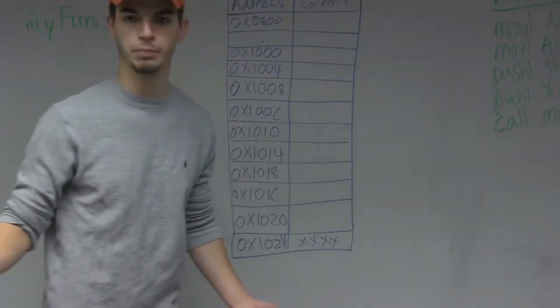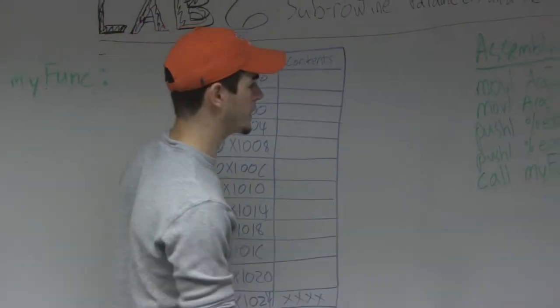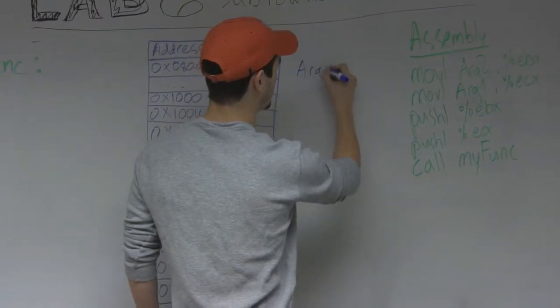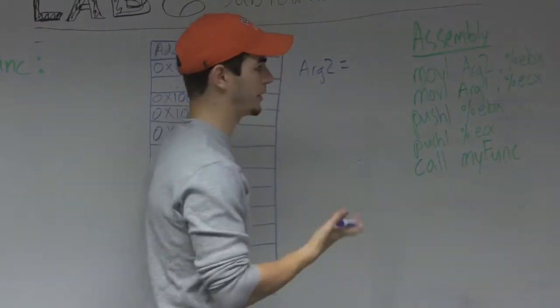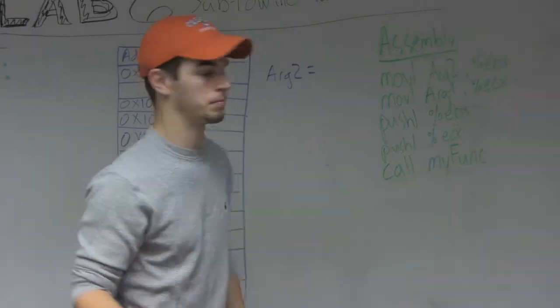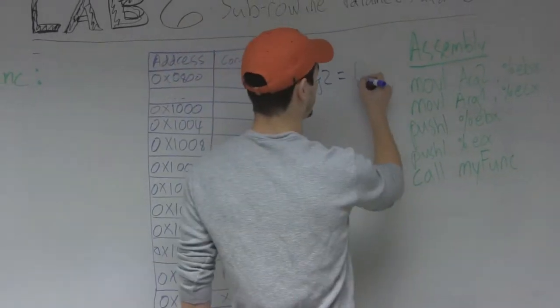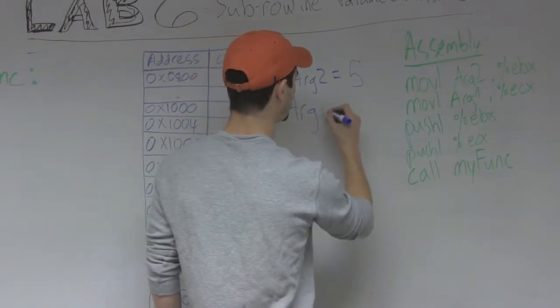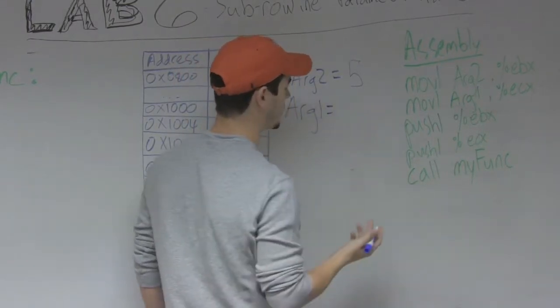And for the purpose of this example, let's say there's a value of 5 in R2, and R1, maybe we can make it 10.